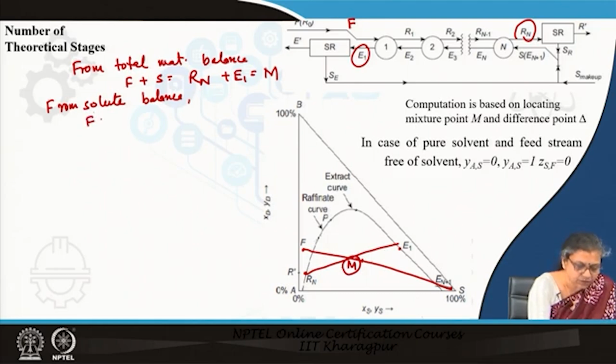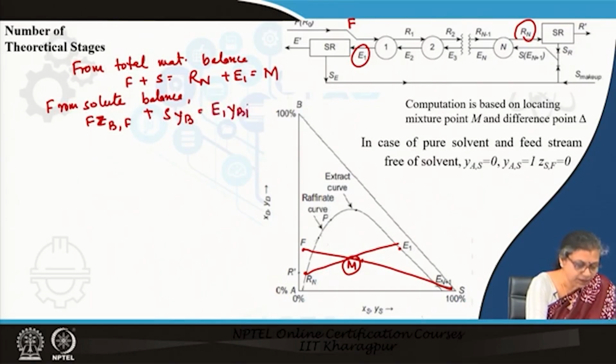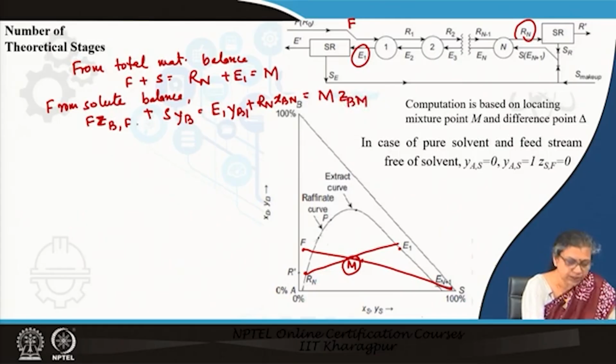We can write it down as F Z B F, where B is our solute, plus S Y B, will be equal to E1 Y B 1 plus Rn X B n, isn't it? And this is equal to M into Y B M, since we are doing the solute balance.